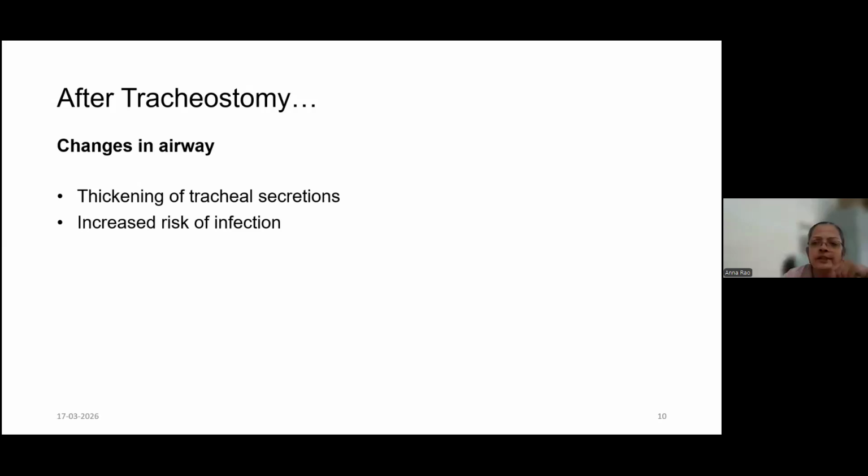It has secretions also that should remain of normal consistency, right? But because we make an opening, what happens now, it will dry off, okay, and the secretions may become thicker, okay. Then infection will very easily take place, right? The patient will have a lot of difficulty in communication, especially in the beginning.